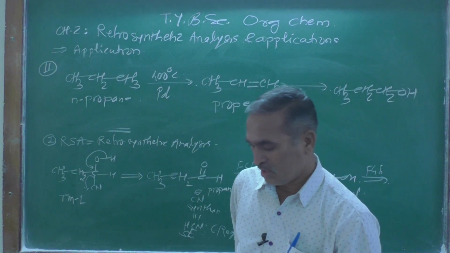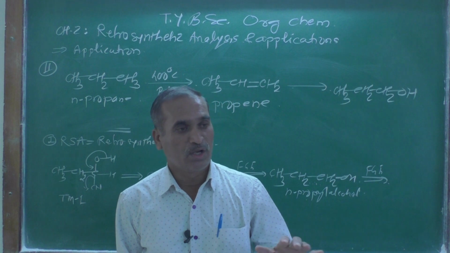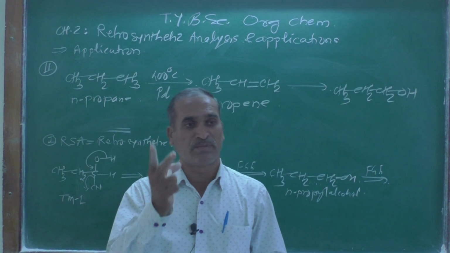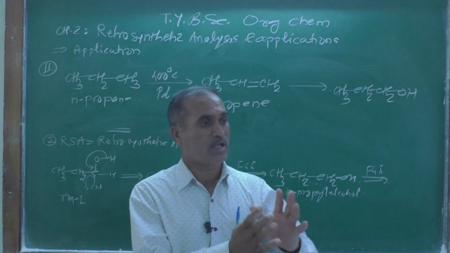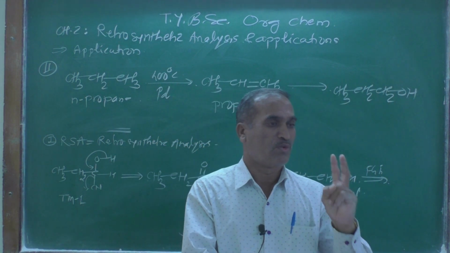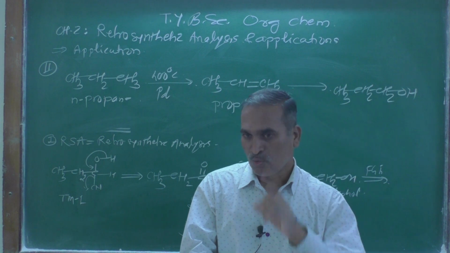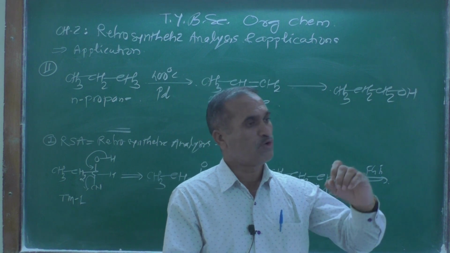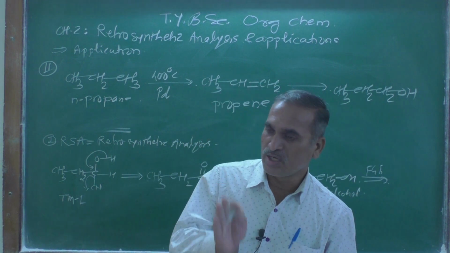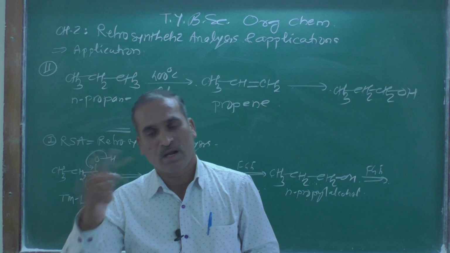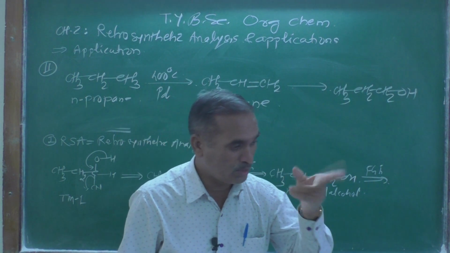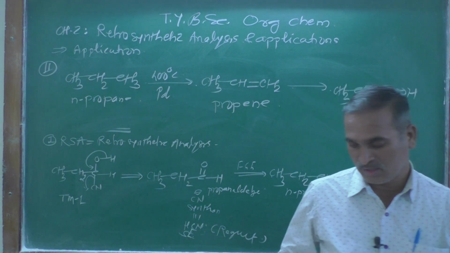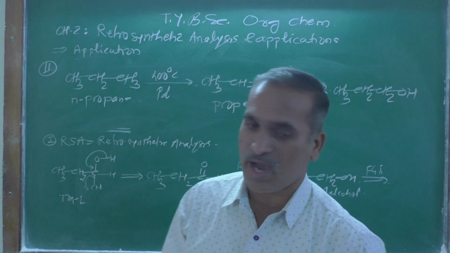Let me tell you one more thing: mechanisms proceed via two ways. One is called an ionic mechanism, and another is called a free radical mechanism. Only two kinds of mechanisms are present in every organic reaction.